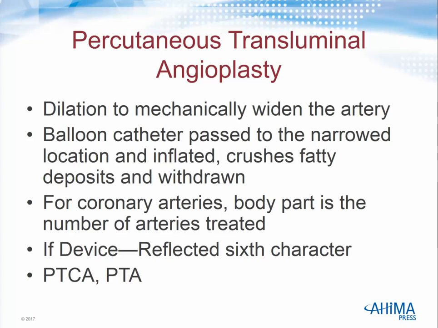So when you're coding these PTCAs, if it's more than one artery, you have the ability to identify how many arteries were addressed in that procedure, and you end up with one code. So if the patient had 2 arteries, depending on the situation and documentation, you could have one code, because in the code itself, one of the character values is going to identify how many arteries. I'm going to give you some examples in your textbook.